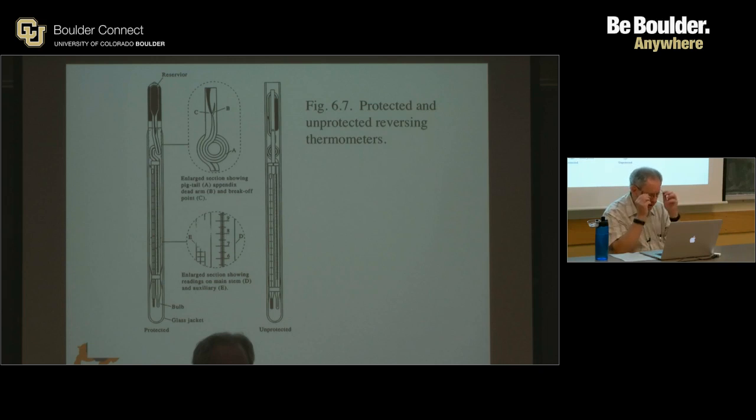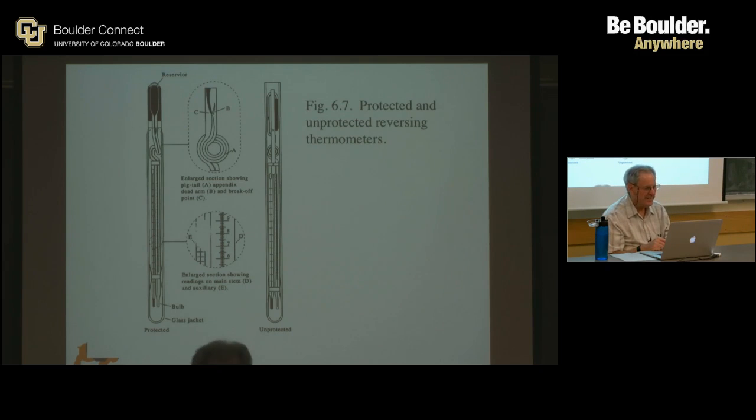In fact, I had this funny experience. I was the chief U.S. scientist on a Russian expedition to the Antarctic. I went to the Antarctic with the Russians and with the Americans. And I brought reversing thermometers that we borrowed from Scripps, and we were supposed to do an intercalibration between their thermometers and our thermometers.